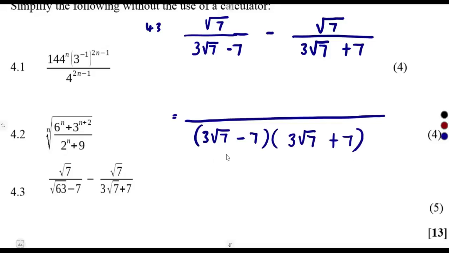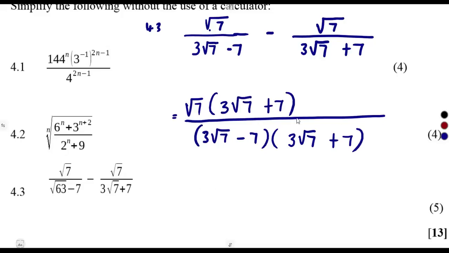So let's divide. This one and this one, guys, it was going to cancel. You remain with this. So it was going to be the square root of 7 there in the numerator into what you are remaining with, 3 square root of 7 plus 7.